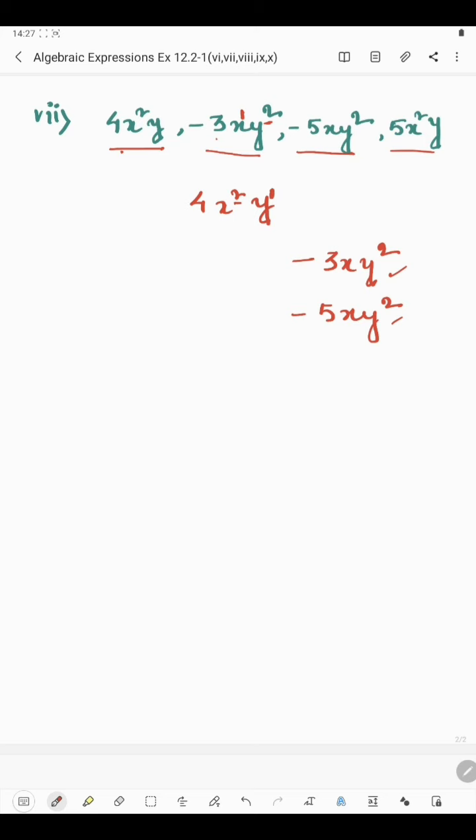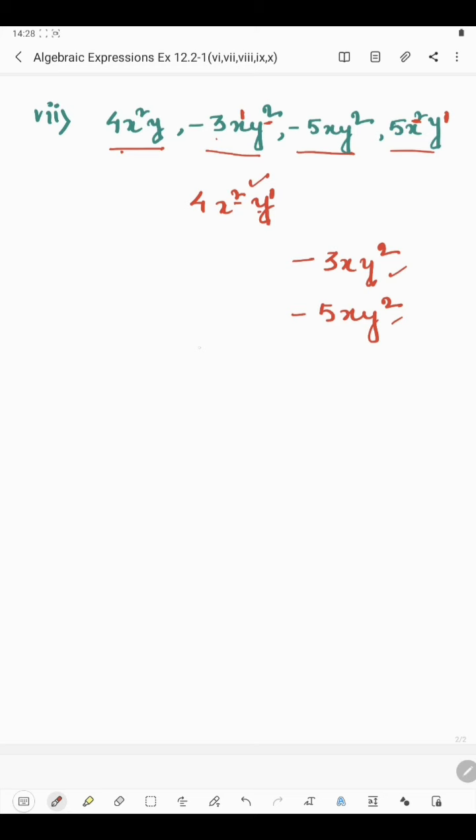Now in the fourth expression we have 5x square y. Here the power of x is 2, while in this term the power of x is 1, right? And in this term the power of x is 2 and the power of y is 1, and here also the power of x is 2 and the power of y is 1. So that means 4x square y and 5x square y are like terms.